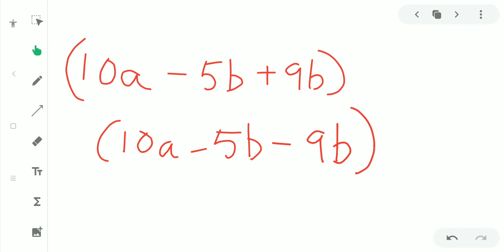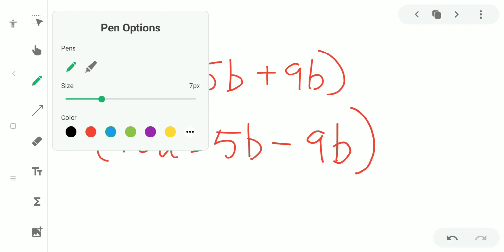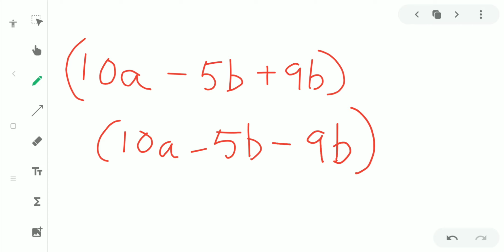So now carefully observe. Minus 5b plus 9b is nothing but 9 minus 5 times b, that is 4b. So I will get 10a plus 4b, because the bigger number sign is plus.